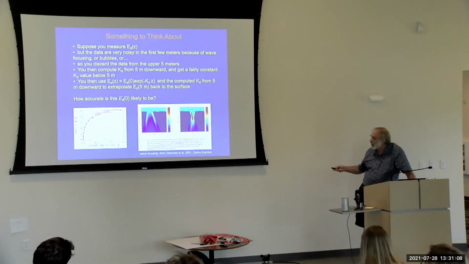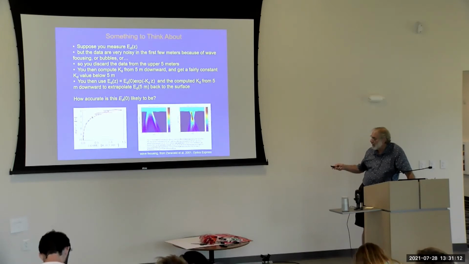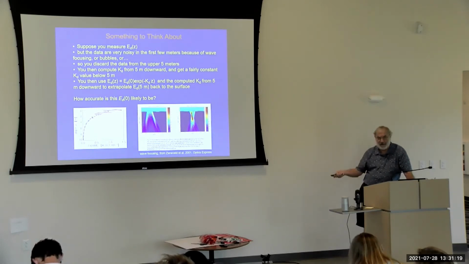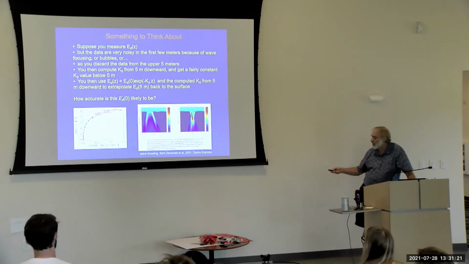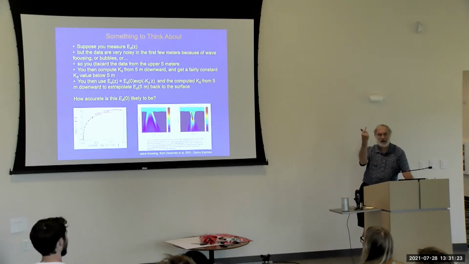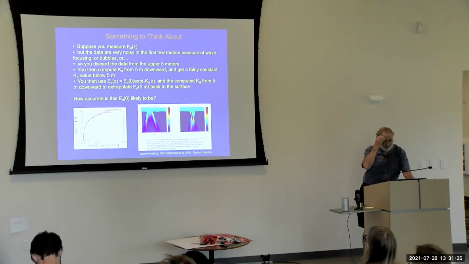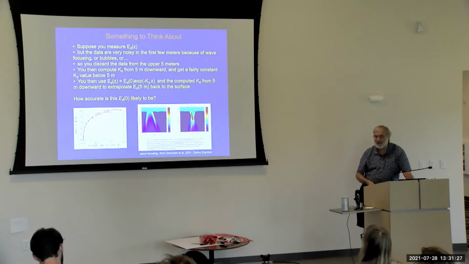So you may start making your measurements, say at 5 meters, and go downward, and you make your ED measurements, and then from that ED profile, you get a KD, and then you want to use that KD to extrapolate back up to the surface. So is that likely to be very accurate?